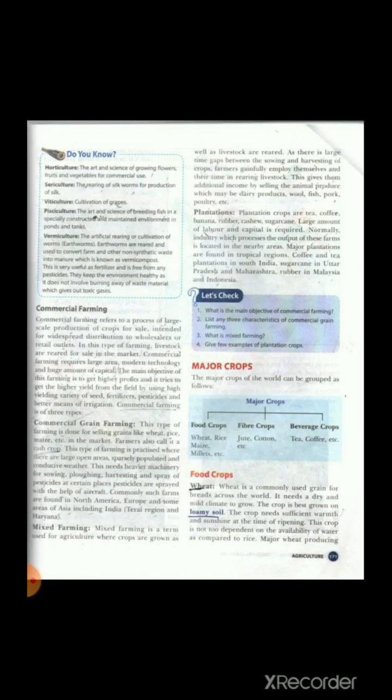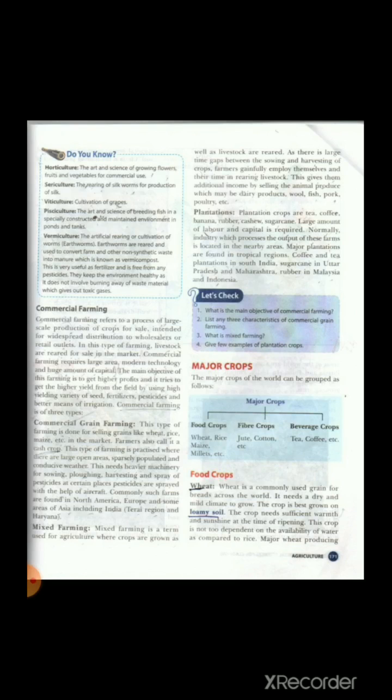Now what are the features of commercial farming? The first one is the size of farms is big, investment is high, work is done by machines and hired laborers, and output is high. So what is commercial farming?